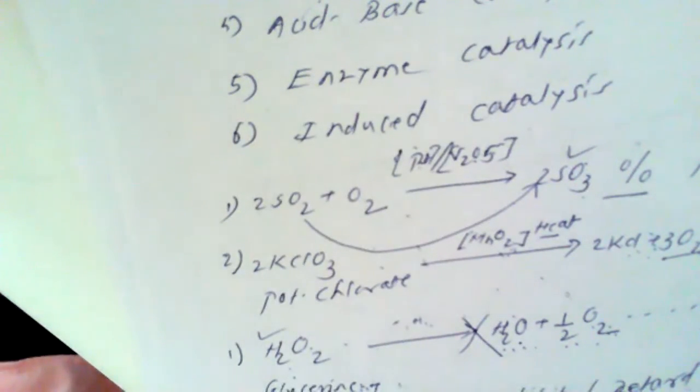Once again you should bear in mind that whenever the word catalysis comes, it is definitely a scientist that is responsible to form this phenomenon of catalysis. Now we shall begin with the seminars.